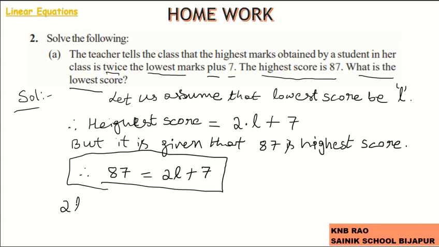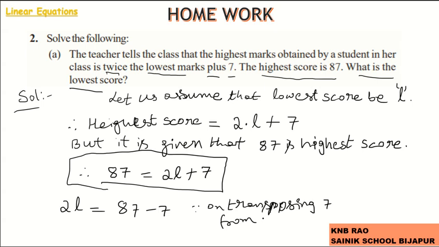Now, 2L equals to 87 minus 7 on transposing from here, if I say RHS to LHS.